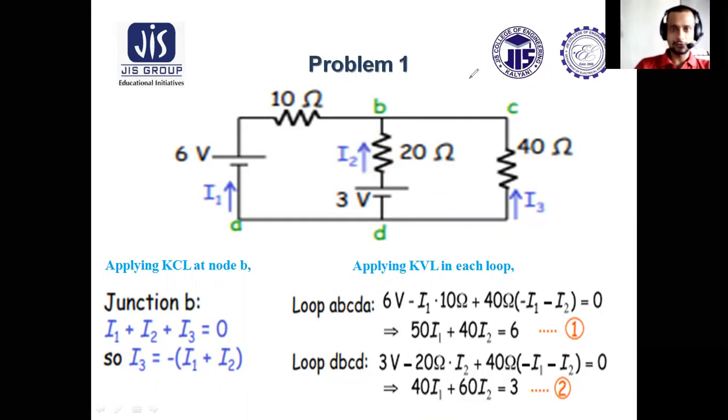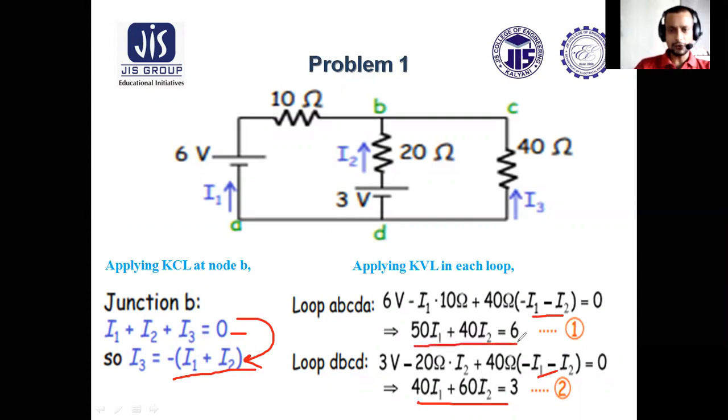So let us now move to the next slide to solve these equations. So see, here we have three unknowns, so we should have three equations. This one equation, these two are two equations. But here I3 is replaced by this one. As I3 is replaced by I1 and I2, we have only two unknowns in these two equations.